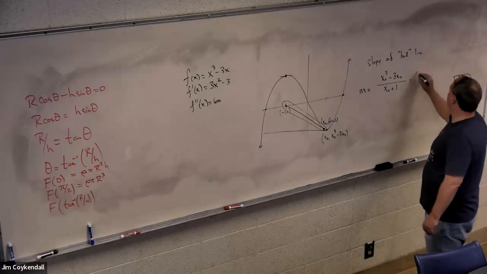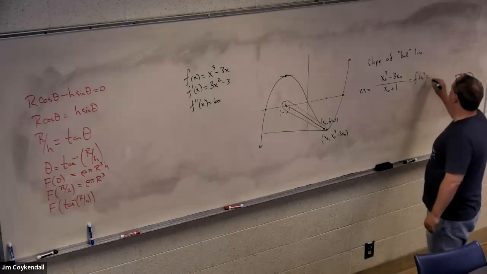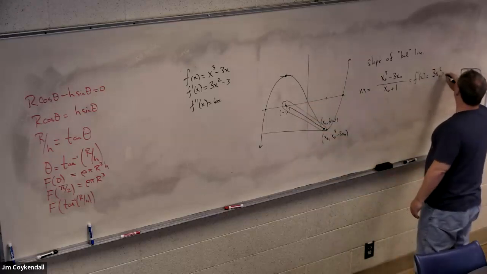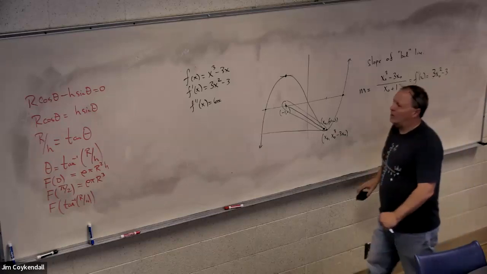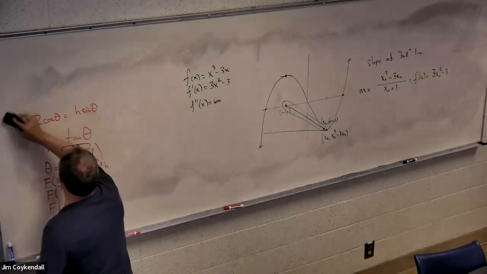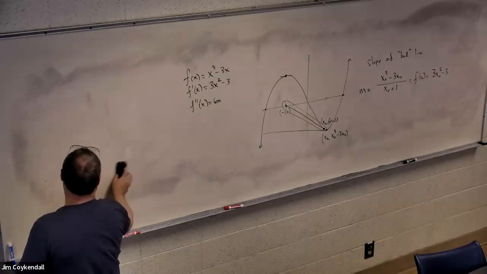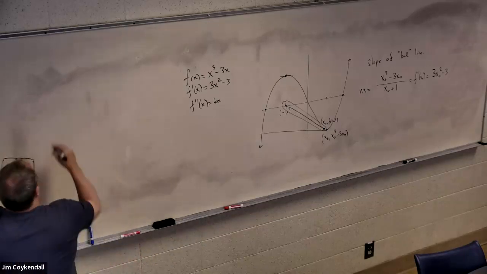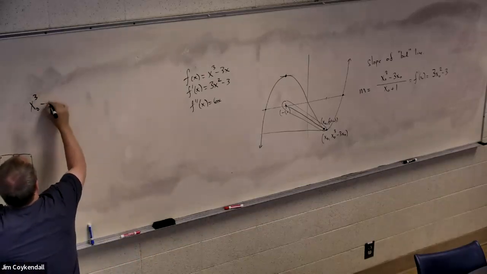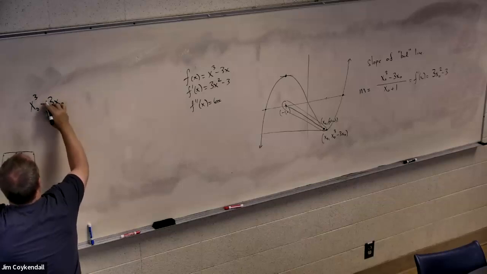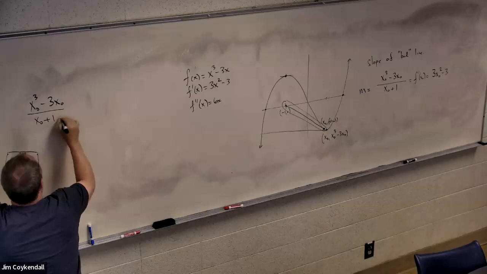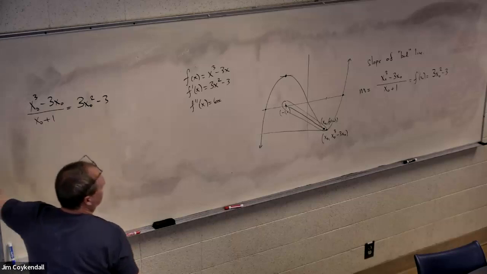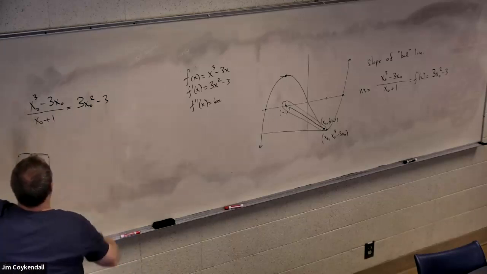This should also be f prime of x0. f prime of x is 3x squared minus 3, so f prime of x0 is 3x0 squared minus 3. So I get this equation here.